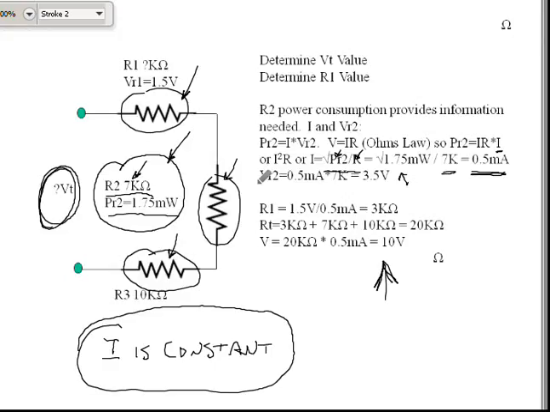Then you can calculate what R1 is, by the voltage drop given at R1 over current. Then you can come up with your total resistance. And voltage, of course, is going to equal the total resistance times the total current, which will give you 10 volts.